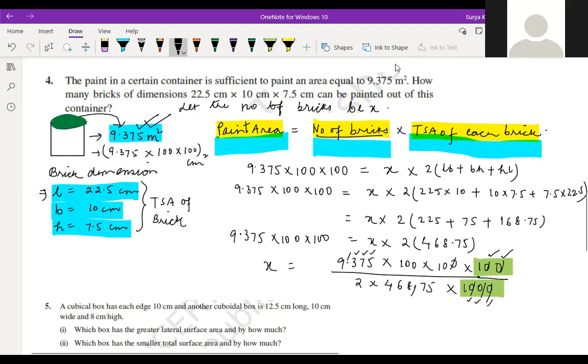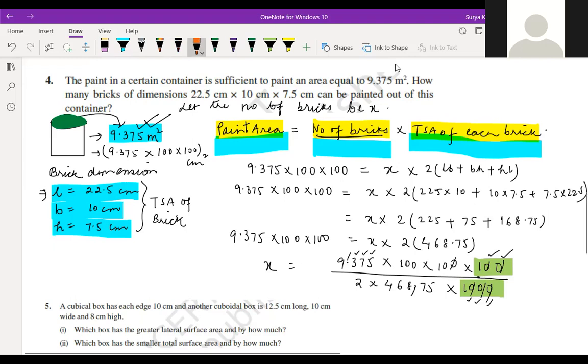See now, children, what you can do, 3 to 5 point. So we can cancel off the 2 and the 10. And then 9.375 into 5 is 46875. 9375 and 9375 will cancel. 100 into 3, yeah. You can cancel by small things.